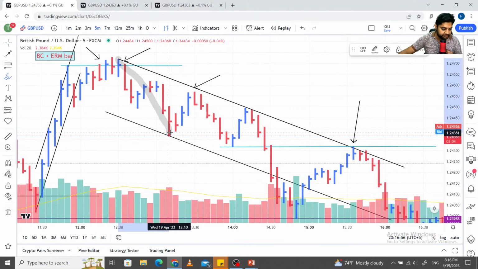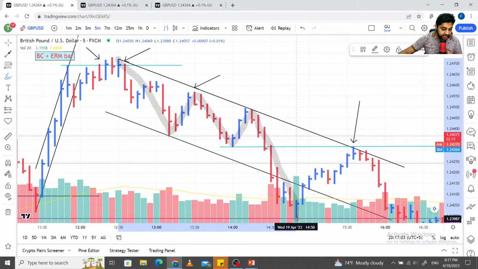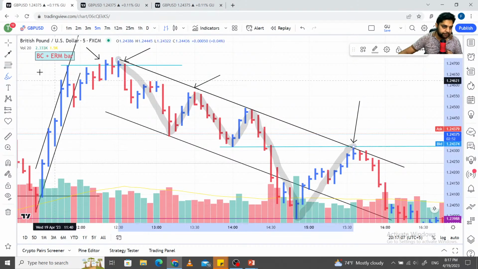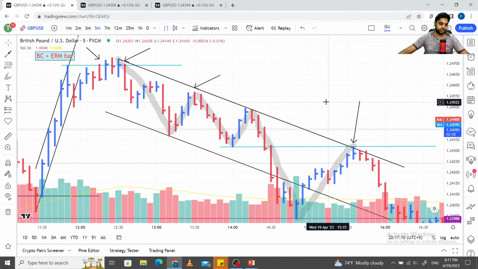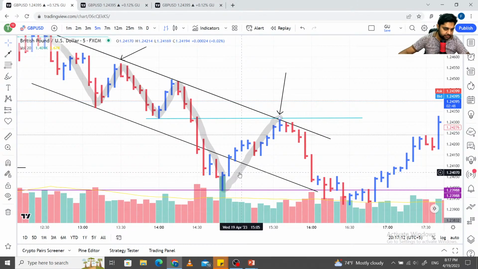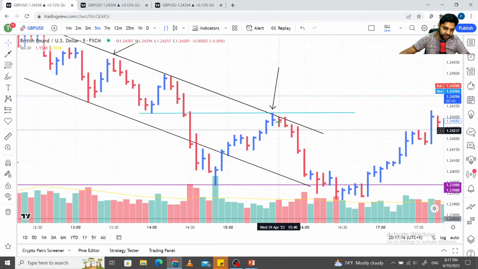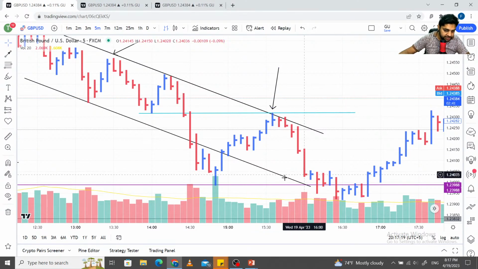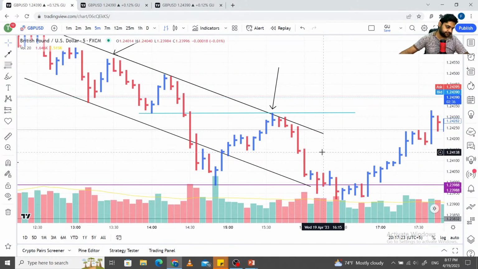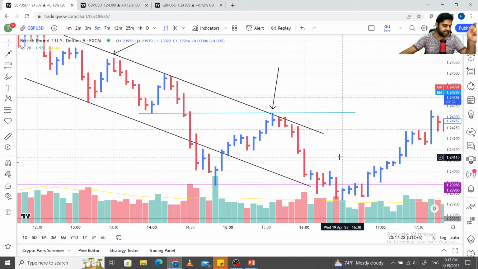The down wave is big, up wave is small, down wave is big, up wave is small, down wave is big, and for the first time, the up wave is also big. So since the up wave is also big, that means there is change of behavior. So now if you trade this one, just get rid of this one very soon, because the market might turn over here. So just get rid of this one.